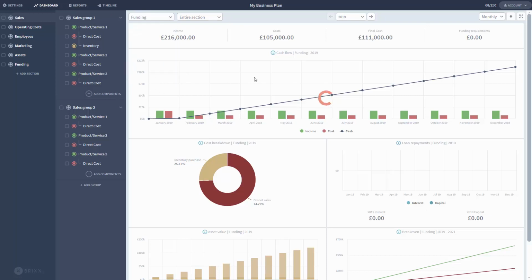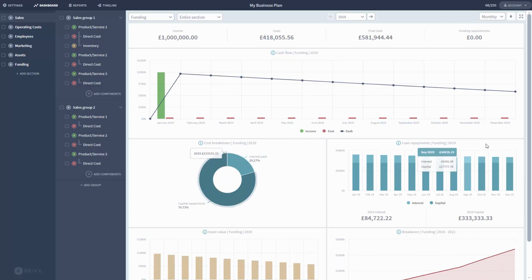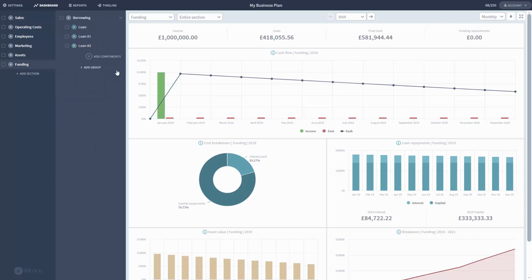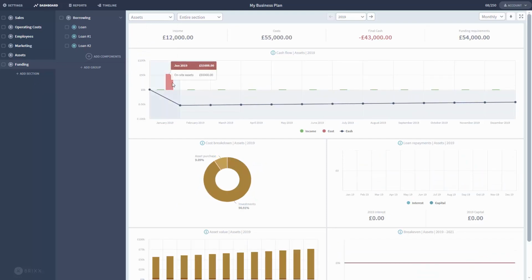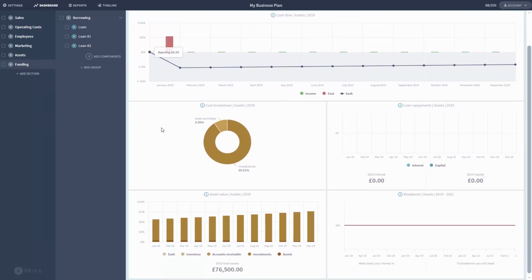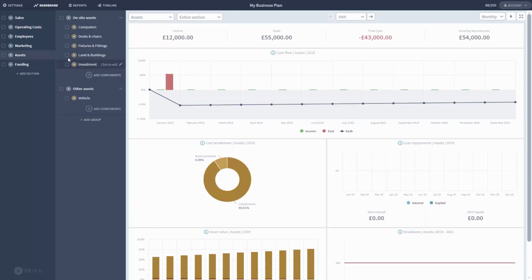If I go to funding, you can see now my loan repayments chart is populated, and you can see the cash impacts for that loan, or however many loans I had active there. And again, if I go to assets, you can see my initial asset purchase at the start, and my investments as well, because I had the investment set up in that group there as well.